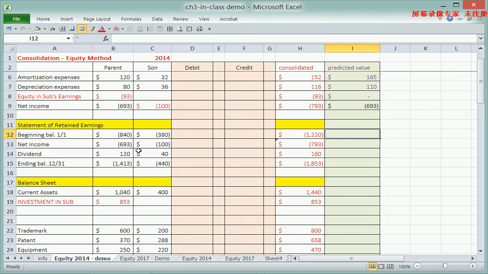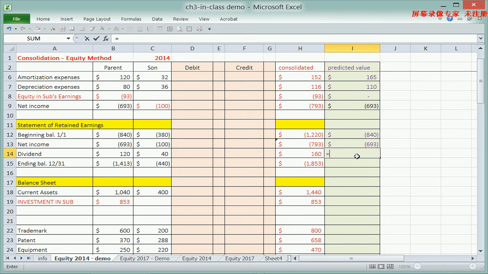We start with the beginning balance of retained earnings. Here, the predicted beginning balance of retained earnings will be only the parent's, because at 1/1/2014 the subsidiary doesn't exist at all. And the net income comes from the above.